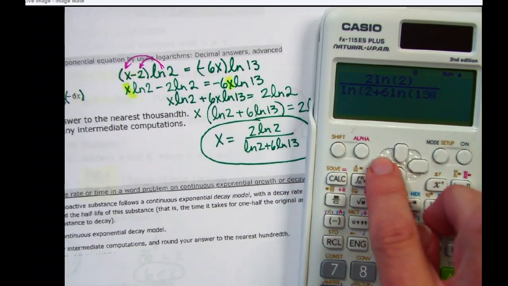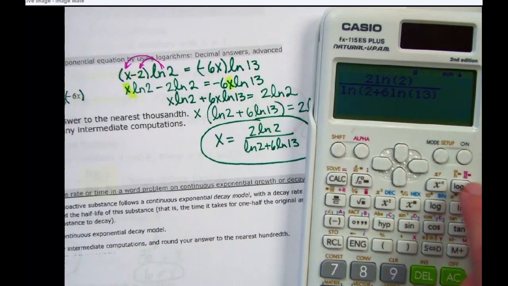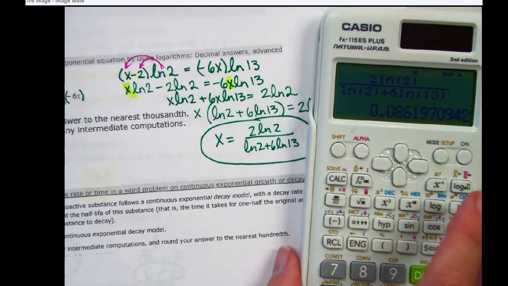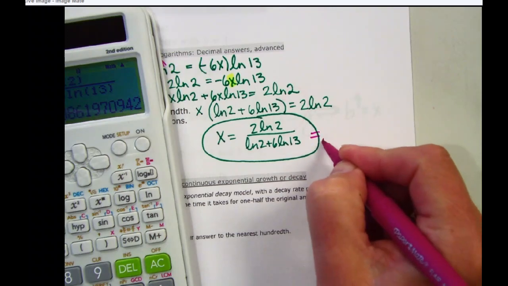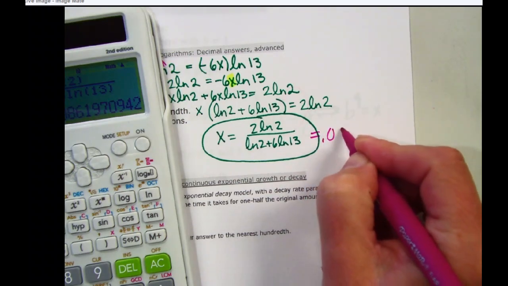Uh-oh. What don't I have? I'm not going to be able to insert that in my... Oh, it did let me. And I get, to the nearest thousandth, 0.086.